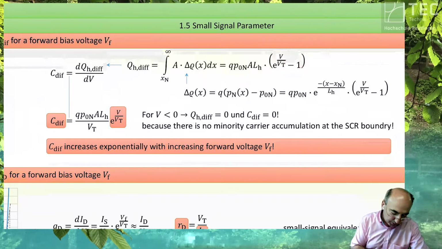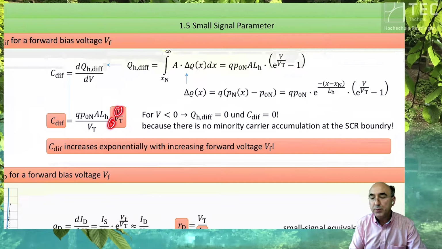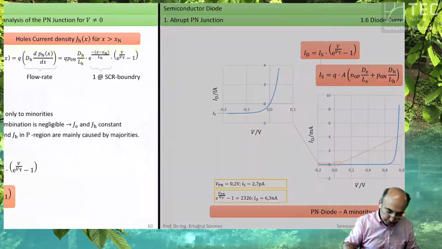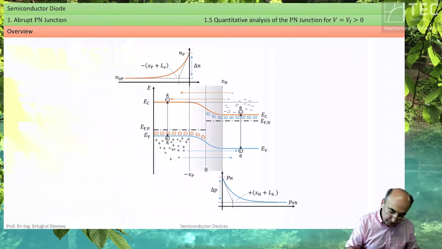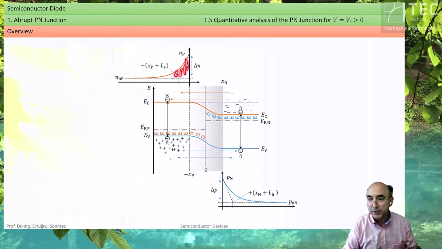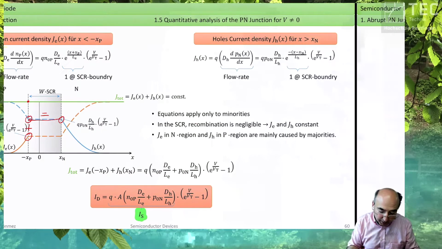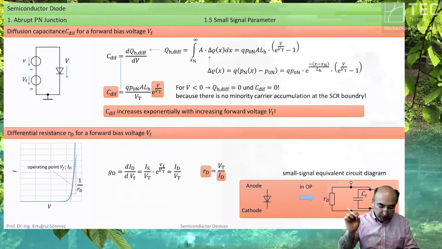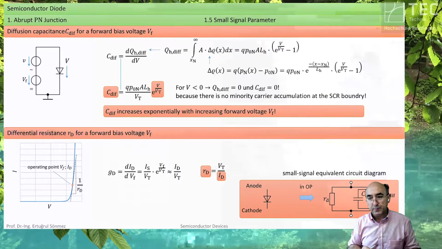Okay, so the diffusion charge is exponentially dependent on the applied voltage. For sure, if you increase this concentration exponentially, then the charge is also increased exponentially. That's not very surprising, but it has a very dominating effect on your application.